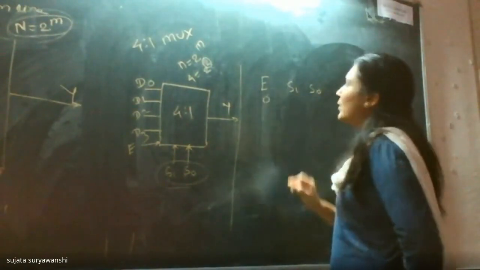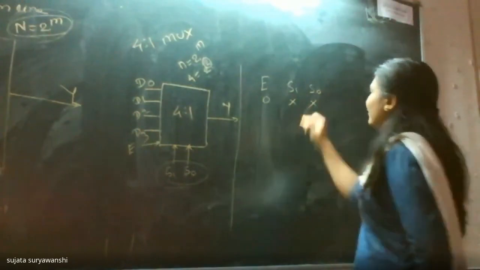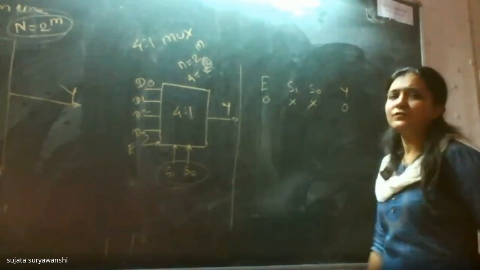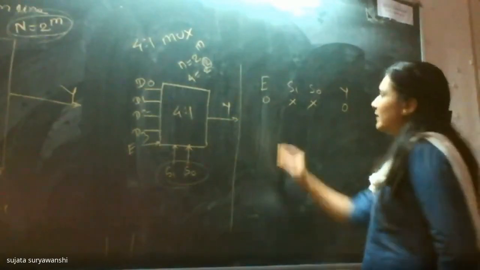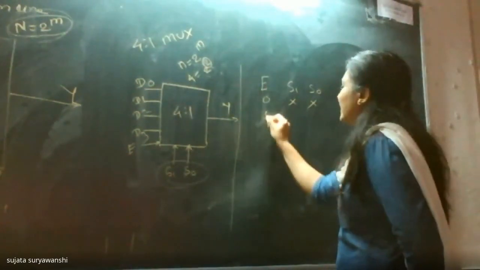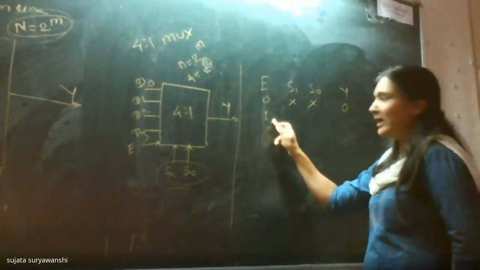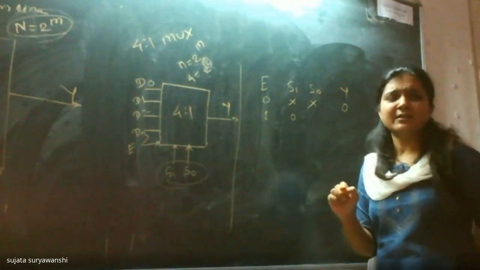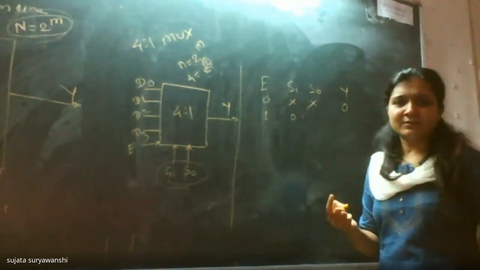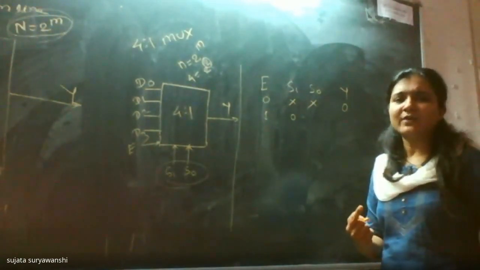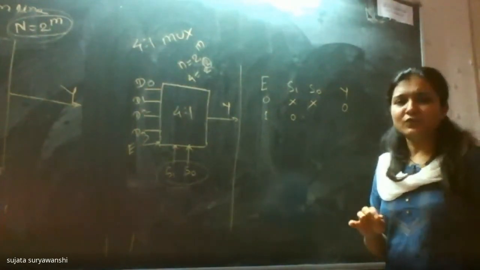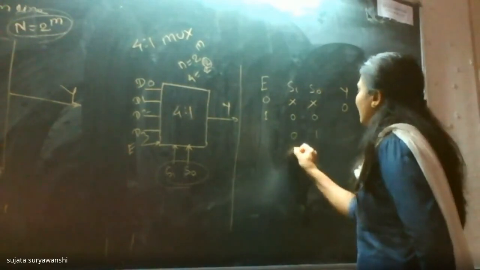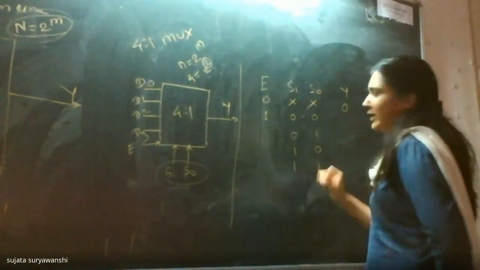If enable is equal to 0, then irrespective of the values of S0 and S1, the output will always be 0. For the working condition, if E is equal to 1, how many combinations are there for 2 selection inputs? 4 combinations: 0, 0, then 0, 1, 1, 0 and 1, 1.